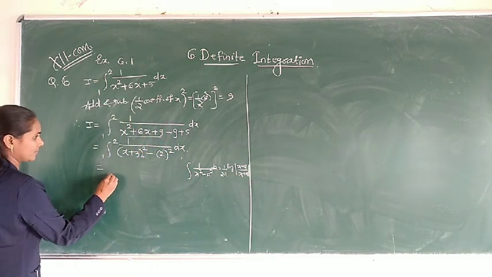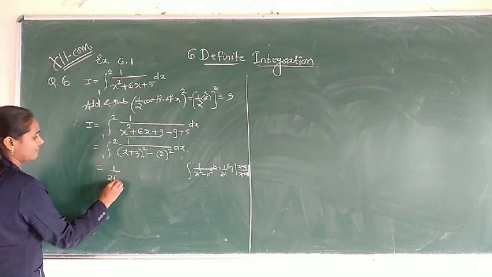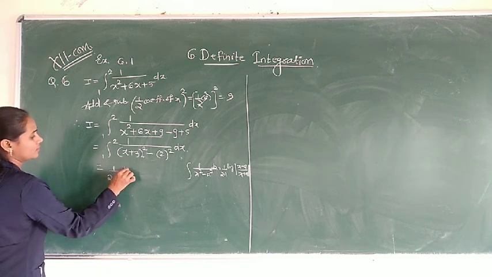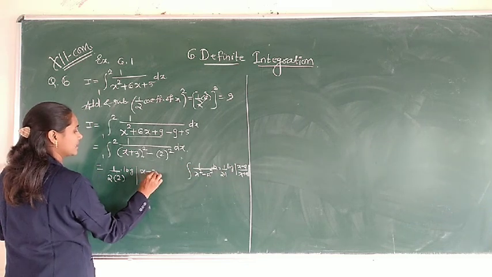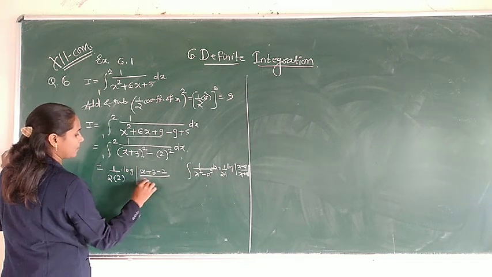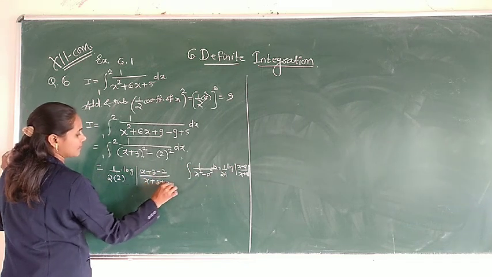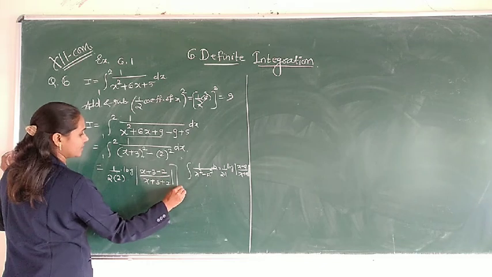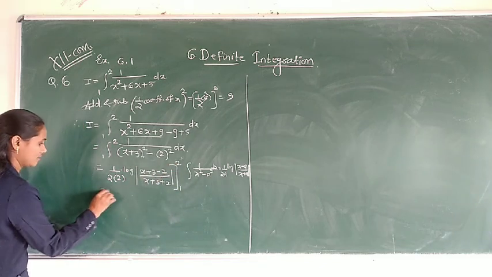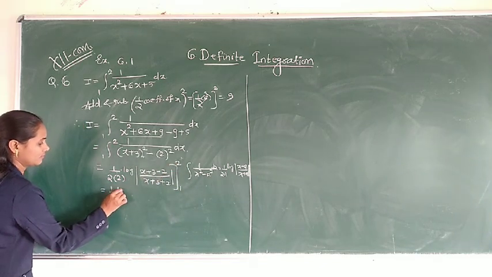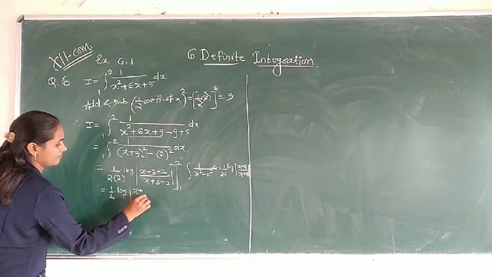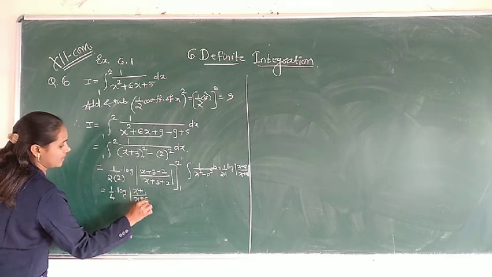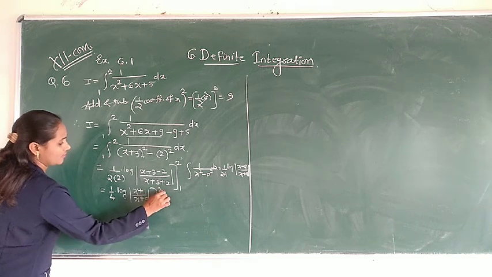Using this formula, 1 upon 2a, where the value of a is 2, into log of mod x minus a upon x plus a, where x is x plus 3: x plus 3 minus 2 upon x plus 3 plus 2. The limits of integration are 1 to 2. So it is 1 by 4 into log of mod x plus 1 upon x plus 5.